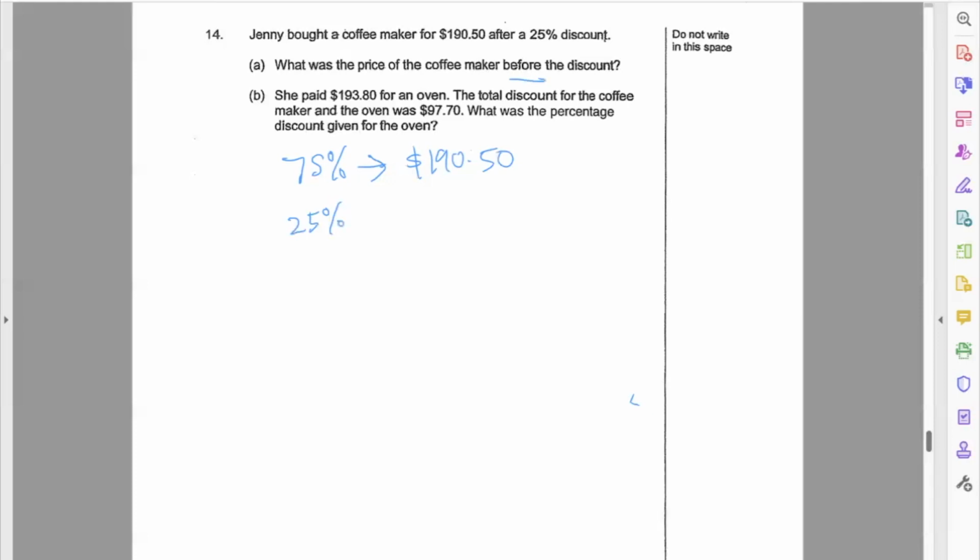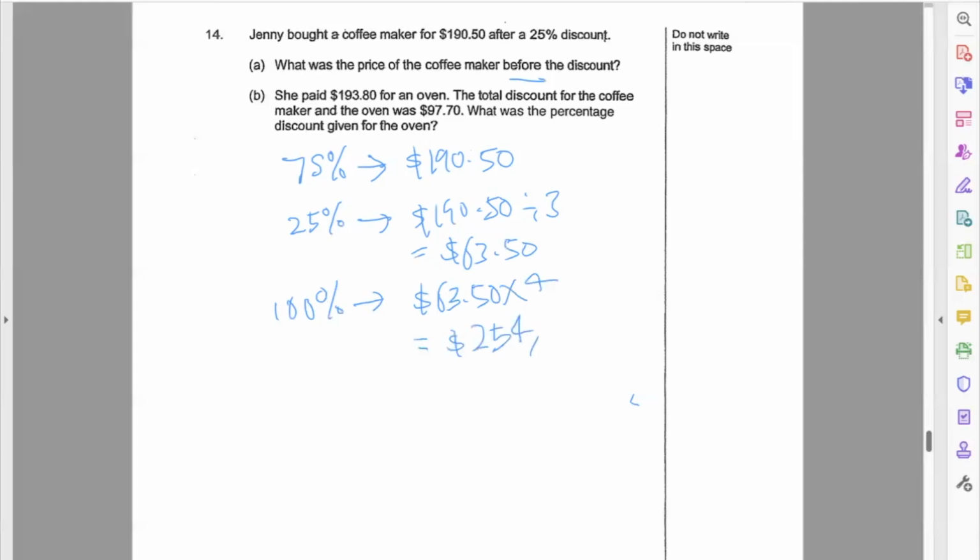So 25% will be 190.50 divided by 3, and you get 63.50. 100% will be 4 times 25%. 63.50 times 4, and the answer is 254. So that's the answer for part A. Let's look at question part B.